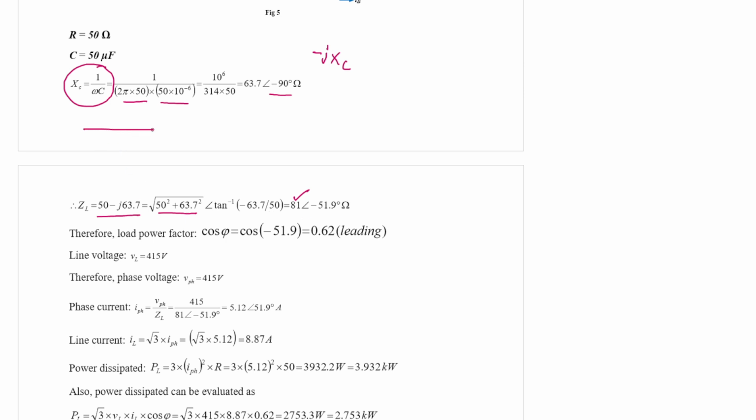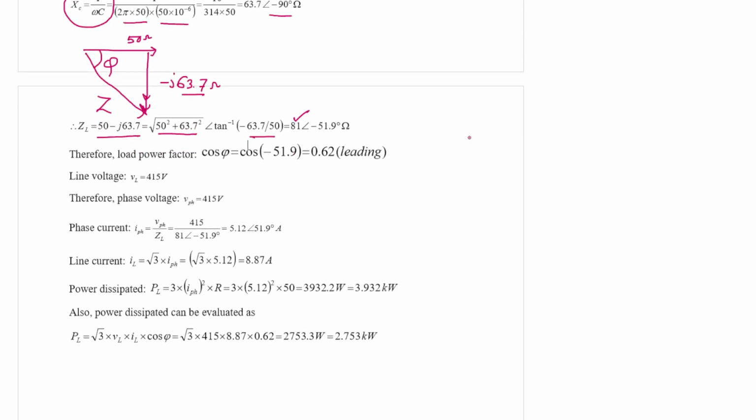If you observe the impedance triangle, it is R, which is 50 ohm, this is minus JXC, which is 63.7 ohm, and this becomes Z, and this angle is phi. So phi is nothing but tan inverse of minus 63.7 divided by 50.